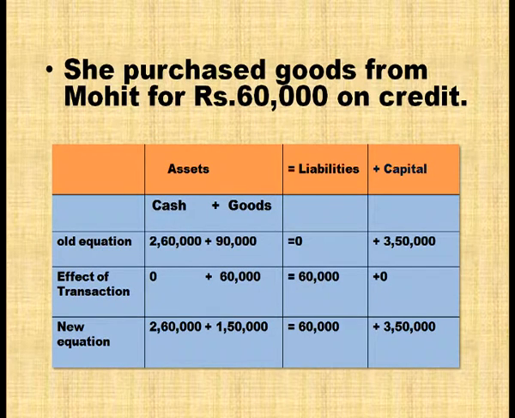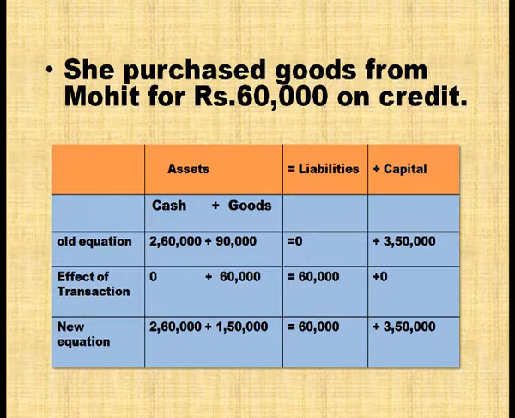Purchase goods from Mohit for rupees 60,000 on credit. It is a credit transaction. So, goods are coming inside the business. So, under assets you have already opened a column for goods. So, in the goods column you have to add 60,000. Here creditors increased. So, under liabilities you can open a column for creditors. In that you have to add 60,000.